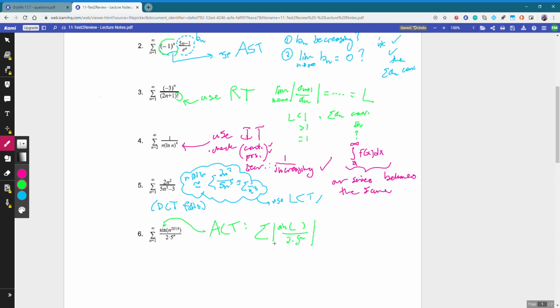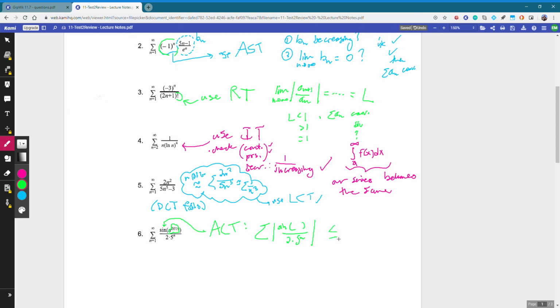And here the observation is that since sine is bounded between -1 and 1, sine of whatever is still going to be bounded between -1 and 1, and so the absolute value of that at most is going to be 1.